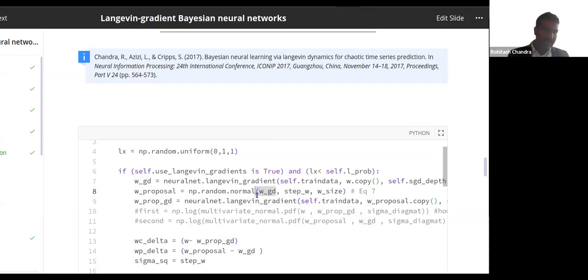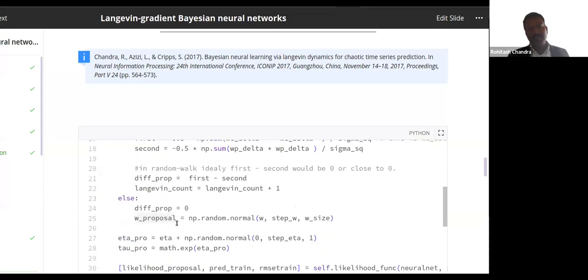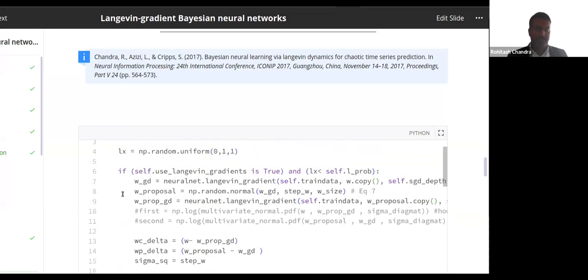Using that, we get the W proposal. So this proposal is kind of equivalent to a random walk proposal. You can either use this or this.